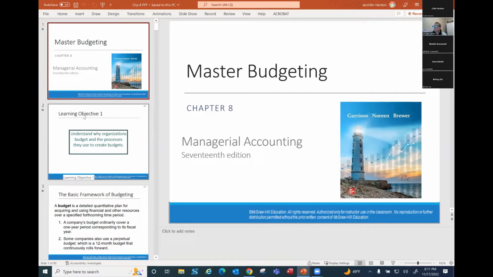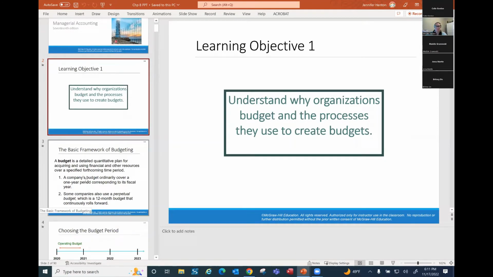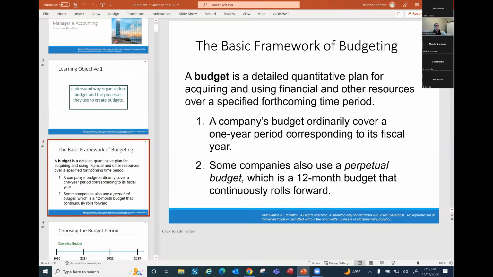Just keep in mind that wherever you are, you're probably going to have a budgeting process. And so we're going to talk a little bit first about the budget itself and the process to create them, and why does an organization have a budget to begin with? So what is a budget? You probably know from some of your personal expenses, you have a budget, you know what income you have coming in.